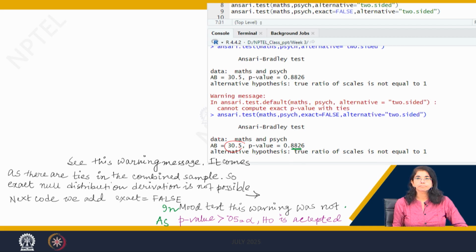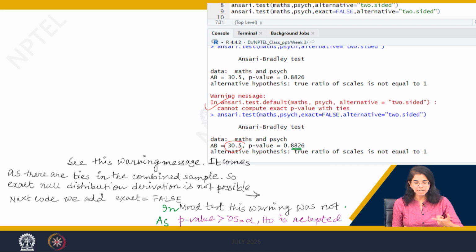And see this warning message, it comes as there are ties in the combined sample. So when there are ties, as we are assuming the continuous pattern of the distribution, two observations cannot be same. But in practice, in real life, we know that sometimes you have to encounter the tie case. So warning message is for the tie case.